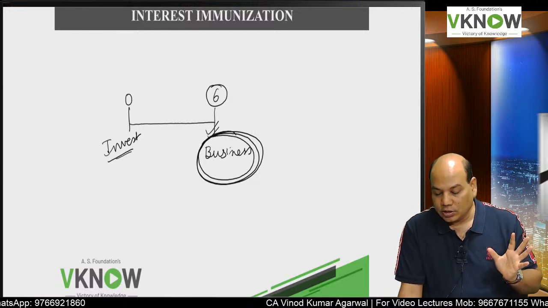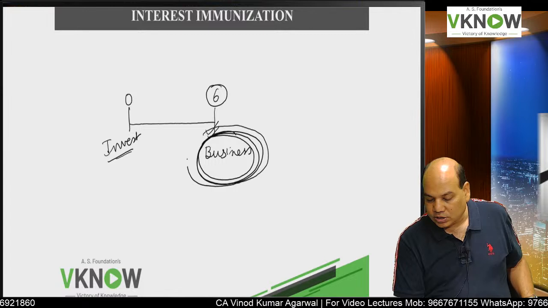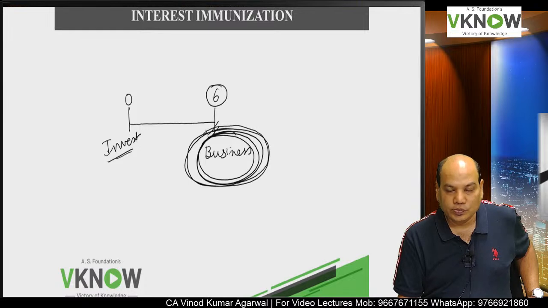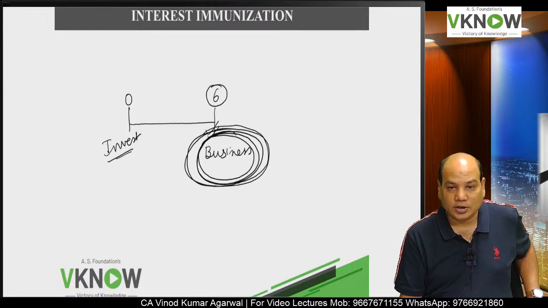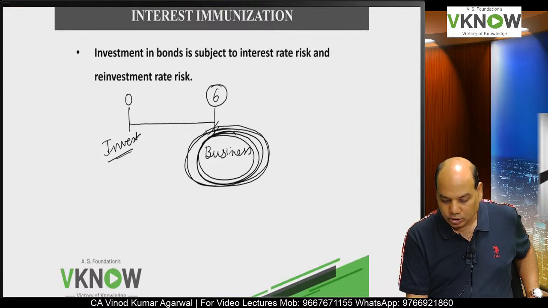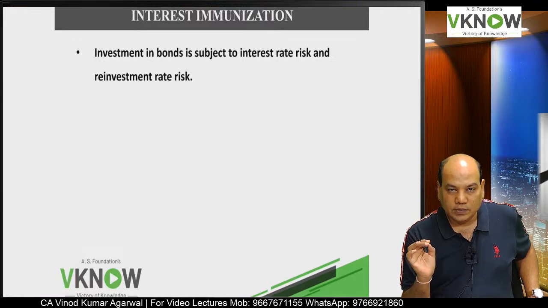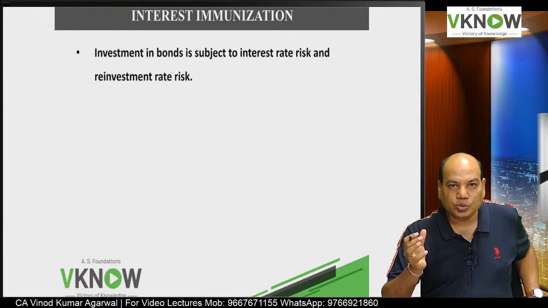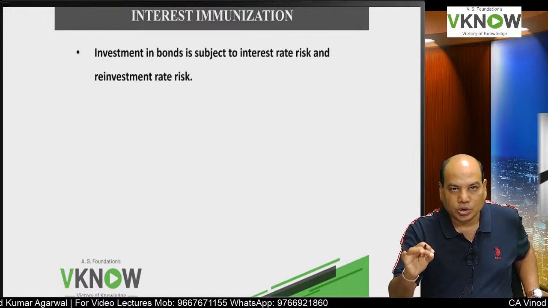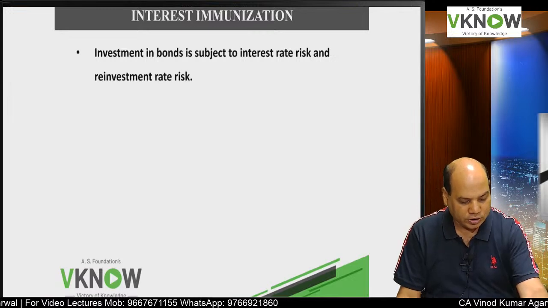You have to ensure that whether the interest rate falls or rises, you should be able to achieve your desired target value over here. And how do we achieve that? That is the strategy called interest immunization. It will ensure that the investor is protected from the fluctuation in the market interest rate. The loss in one is compensated by the gain in another. So I will read the note, you will understand.